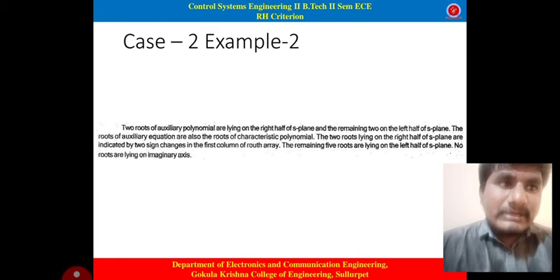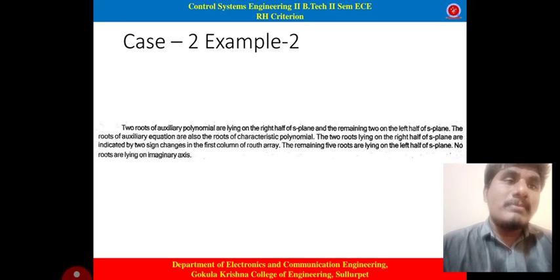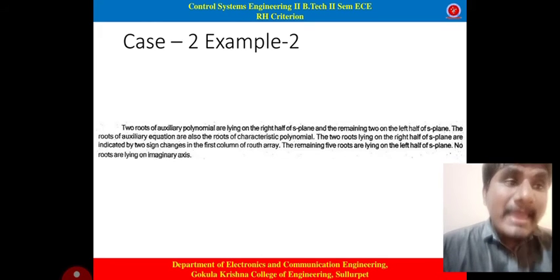So just before, I made a statement that when we are getting all zeros in a particular row, this condition does not guarantee that there are poles on the imaginary axis, but it guarantees that there are complex conjugates. And they may lie on the imaginary axis, but it is not mandatory.